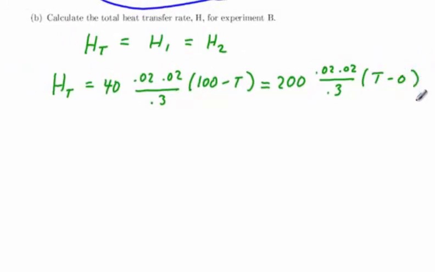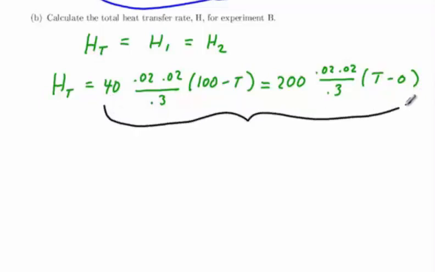Initially, let's look just at the second two terms in this triple equation, which has two equal signs. Comparing these terms, we see that there is only one unknown, and that is the temperature at the midpoint. So in fact, we'll need to solve for that before we can continue.